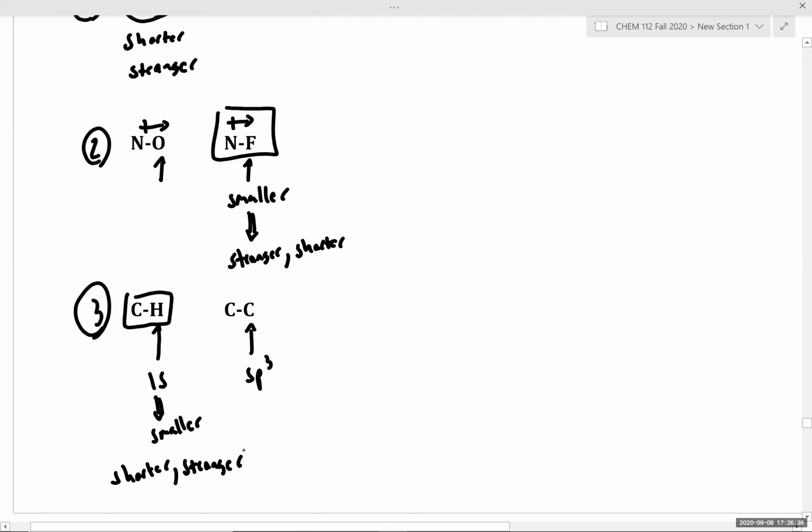Does that make sense? The polarity argument doesn't have as much sway in this case as just the hybridization, orbital size, and orbital energy arguments, which are related to atom size. Perfect. Any questions on these examples? This is important to keep in mind because carbon-hydrogen bonds, in most cases, are pretty hard to break.